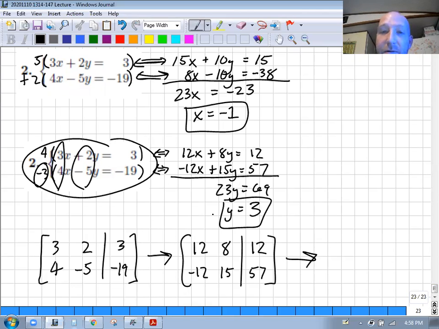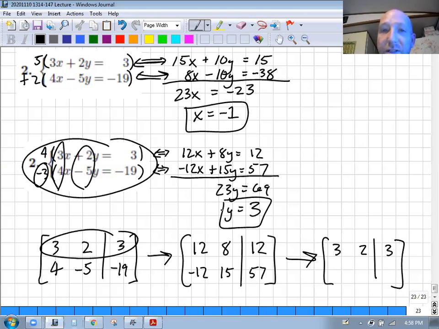We added one equation to the other. So we're basically keeping, which one are we going to keep? We'll keep that one. 3, 2. We'll keep this original one because it's equivalent to that.